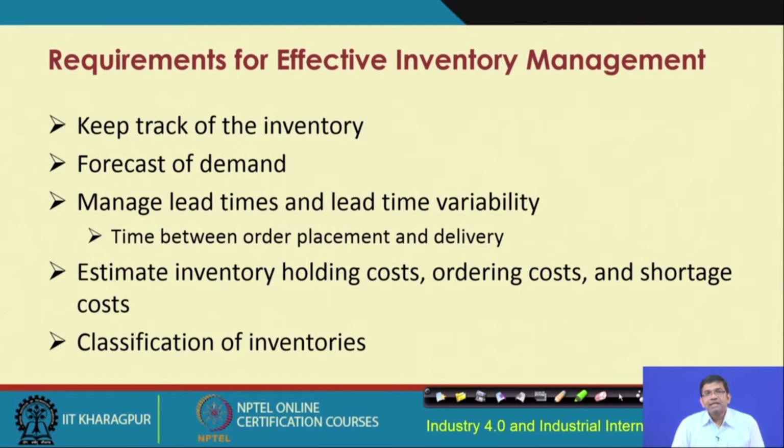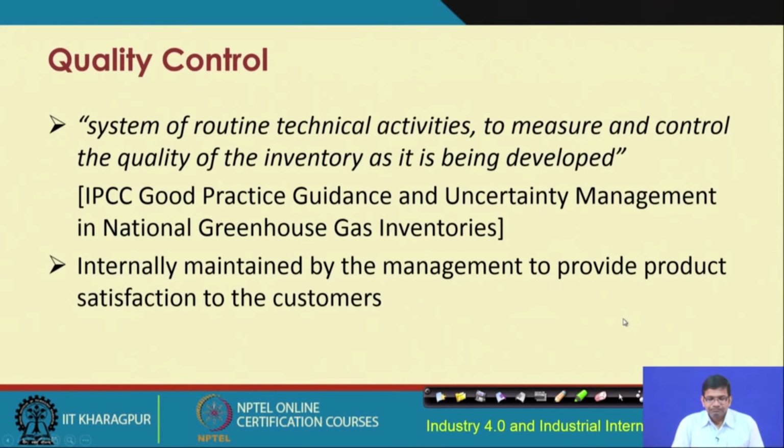Managing that particular delay and the variability of that delay is what concerns lead time. Effective inventory management should also include estimating the inventory holding costs, ordering costs, shortage costs, etc., and classification of inventories. These are the requirements for effective inventory management.